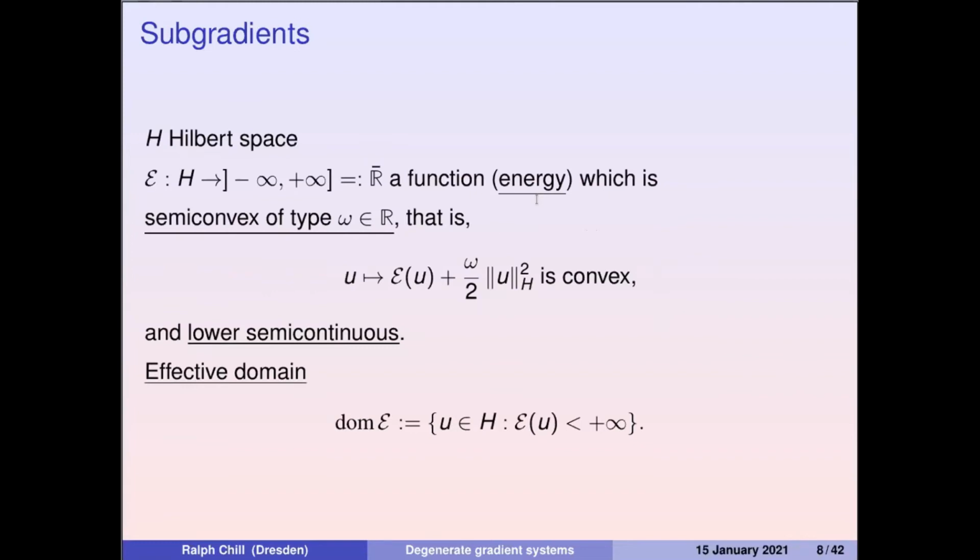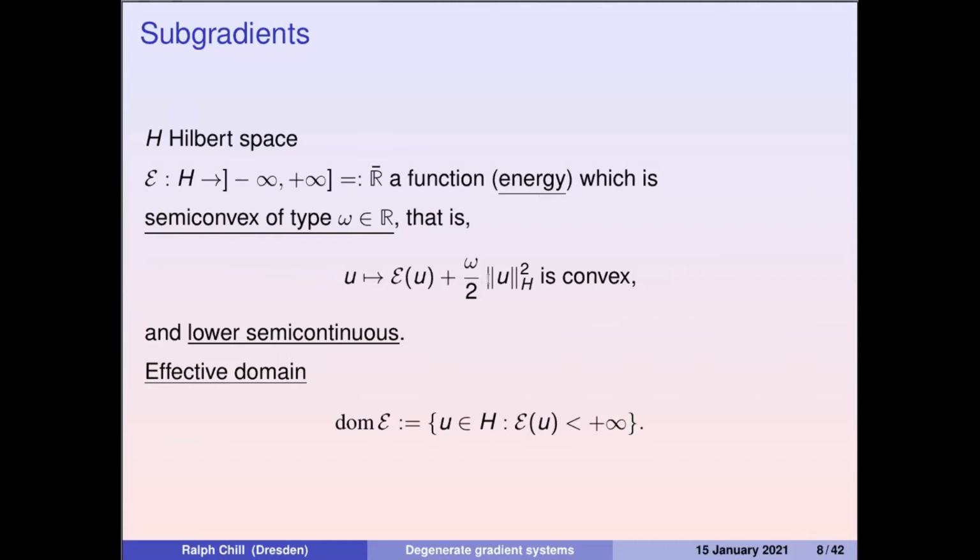So the abstract setting is that we have a Hilbert space, and on this Hilbert space we have a function. It's real valued, but it can also take the value plus infinity, which is semi-convex and lower semi-continuous. Semi-convex is written here in the middle.